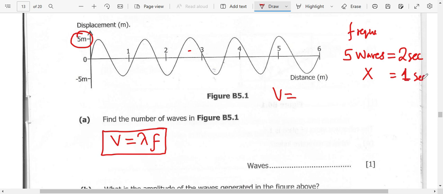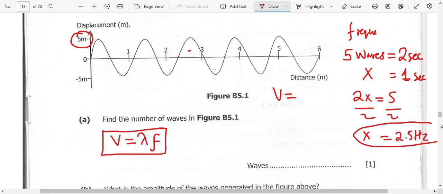That is what we call frequency. Frequency is the number of waves per second. So 2 times x is 2x, and 1 times 5 is 5. Divide both sides by 2. So x, which is frequency, is 2.5, and it's given in hertz. 2.5 hertz. What is frequency? The number of waves made per second.